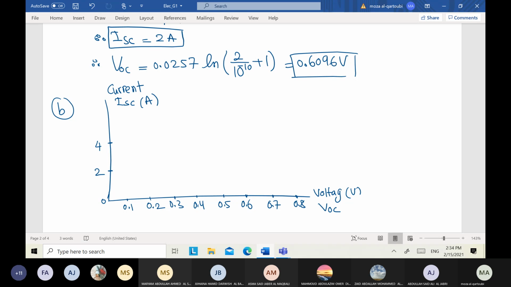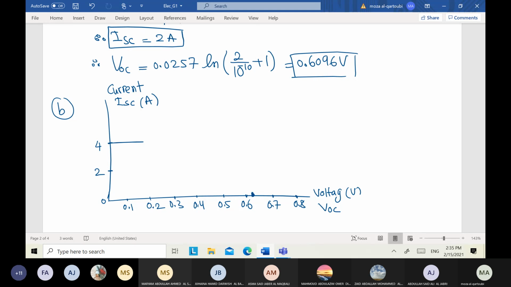So for the first case, for the full sun light at 4, this is the short current, and at the open circuit 0.63, approximately 0.63, before 0.65, so in this point, approximately at 0.63.